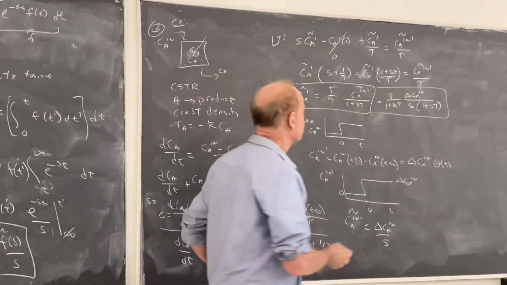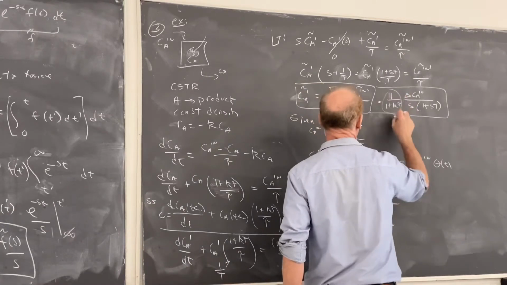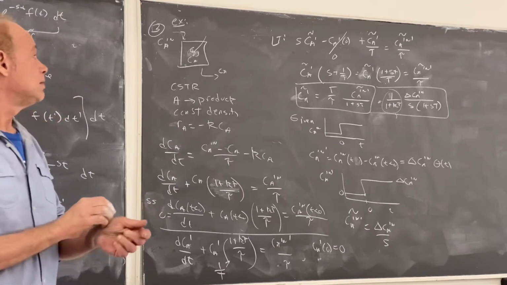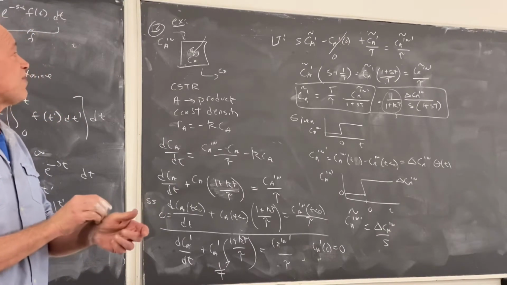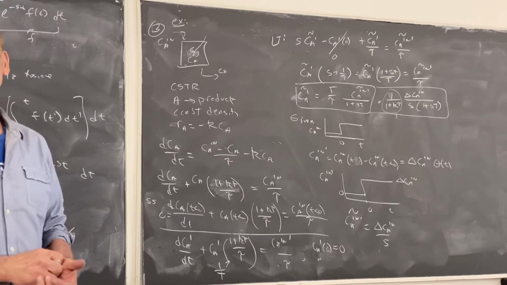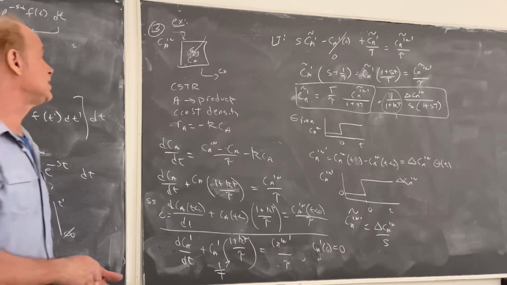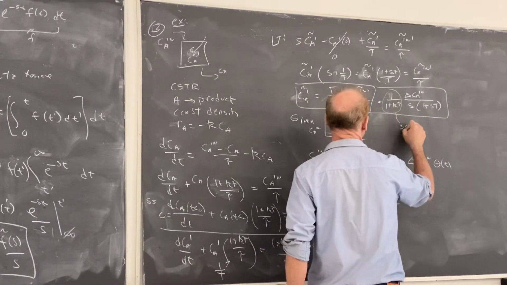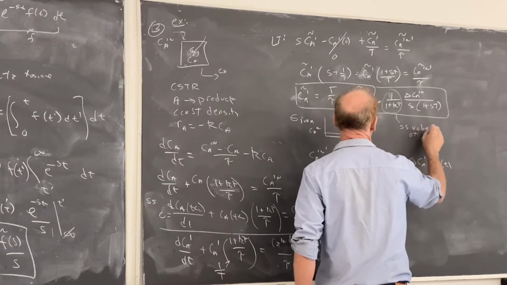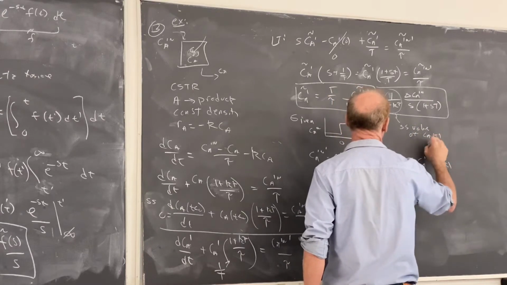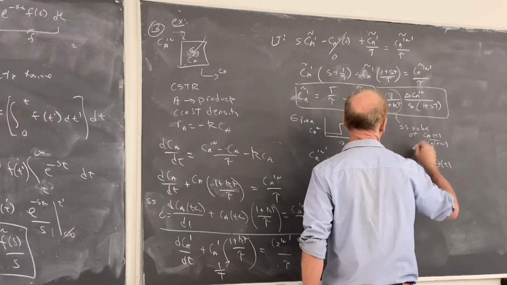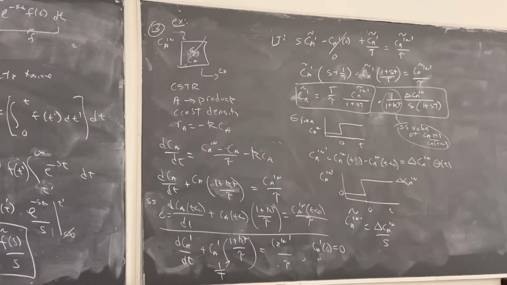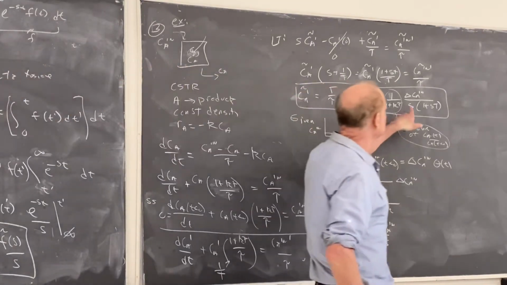Let's notice something: this thing is just the steady state value of CA of t over CA of t less than 0. Just the steady state value. And let's try to convert this.